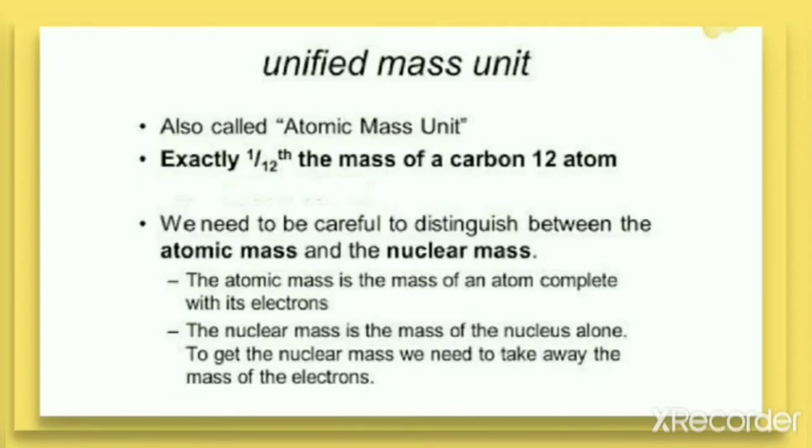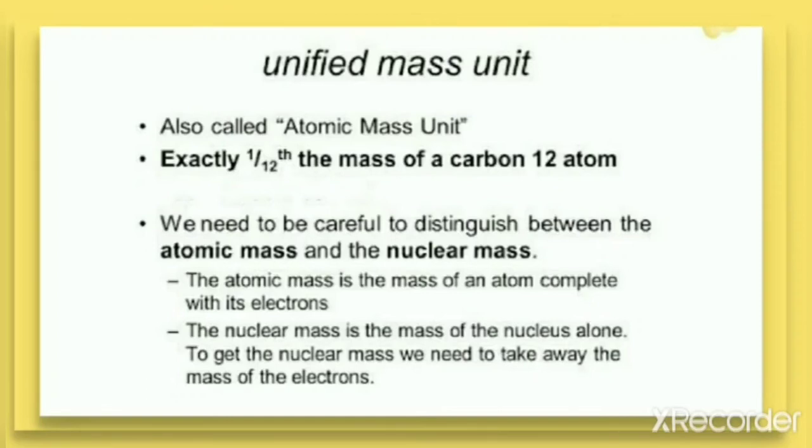Let us distinguish between atomic mass and the nuclear mass. Atomic mass is the mass of an atom complete with its electrons. But the mass which you have calculated till last year, the atomic mass, you were finding out the sum of the number of neutrons and protons. So in that we are not considering the mass of an electron.